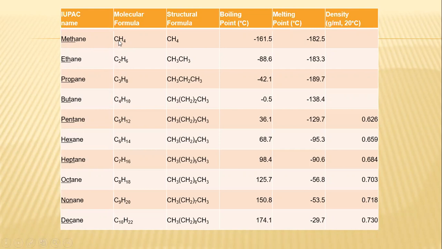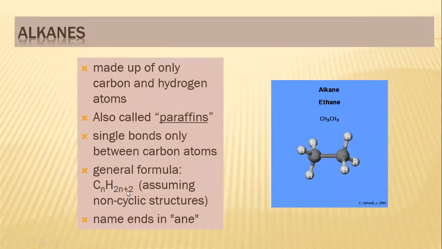In the homologous series, for CH4 the n value is 1. Here the n value is 2. Substituting in the formula CnH2n+2 with n equal to 2, you get ethane, C2H6, C bonded to C, with 3 hydrogens on each carbon. For the formula CnH2n+2, if n is equal to 1, that is methane.